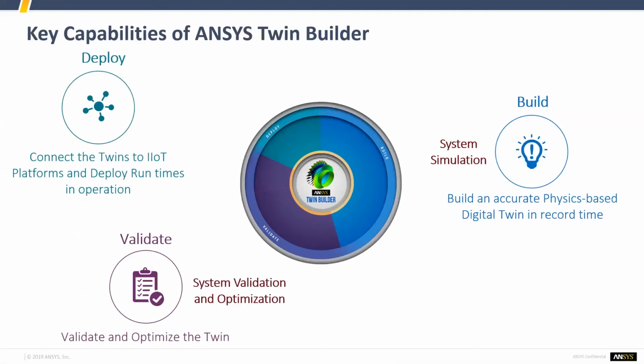Then we have system validation and optimization, which allows you to validate your system models either by bringing in test data or by combining them with the optimizer to see how to optimize the behavior of your system model. And finally, of course, you can deploy them on an IoT platform to perform system predictive maintenance.